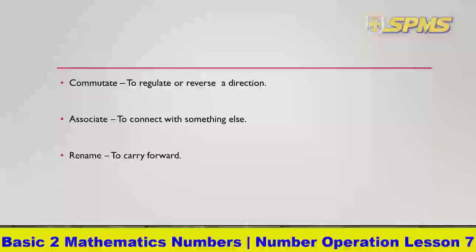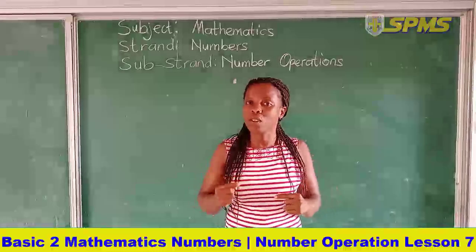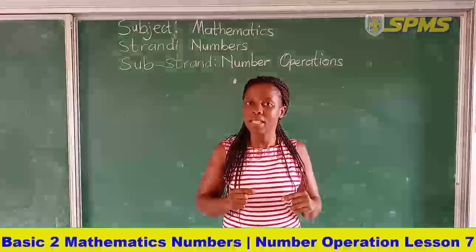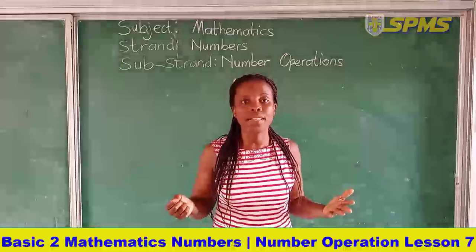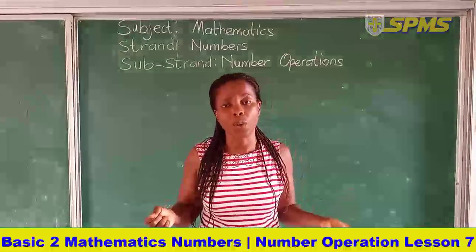Commutate. What does it mean? To regulate or to reverse a direction or something. So we are going to regulate or reverse numbers towards a particular direction to see whether we are going to get the same answer or results.